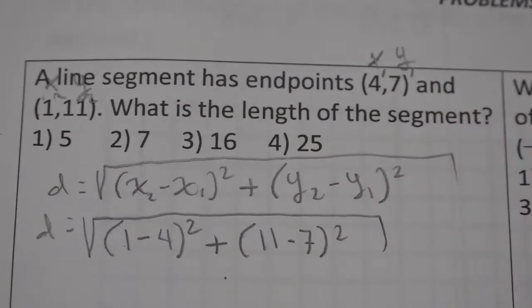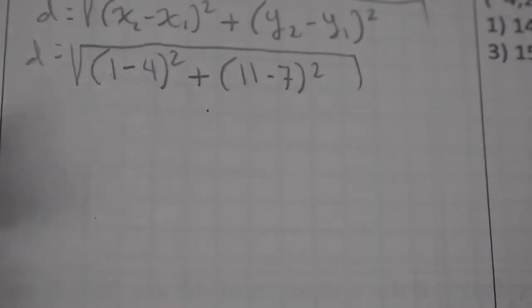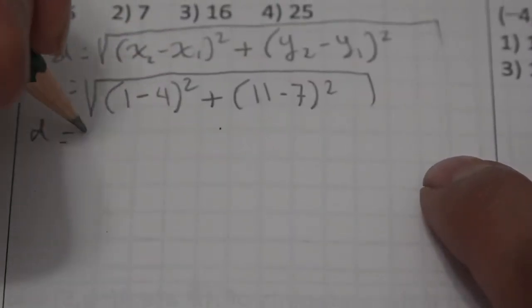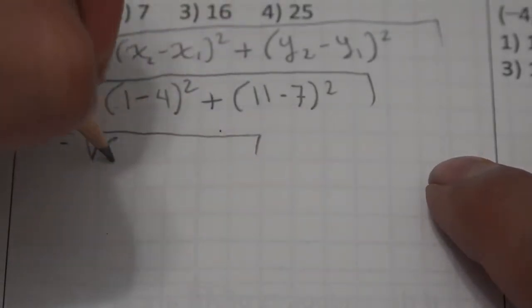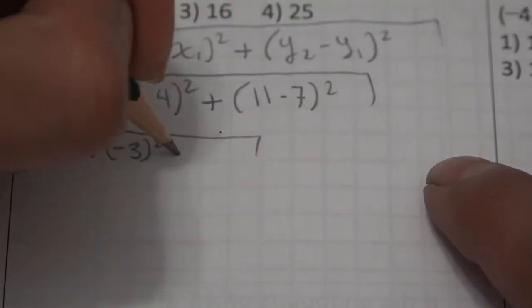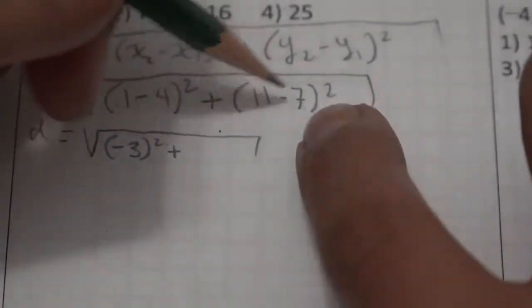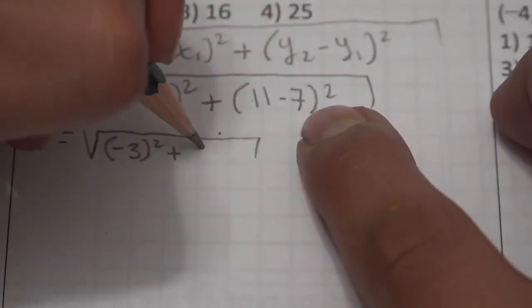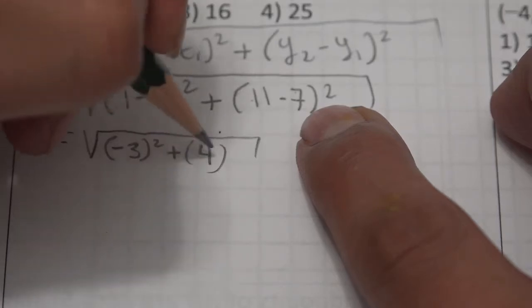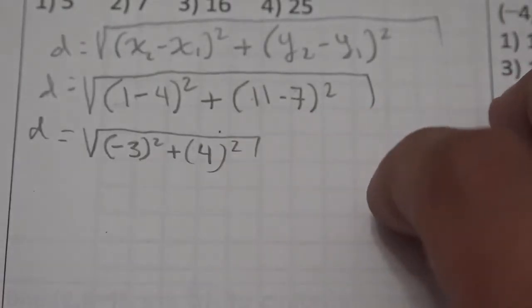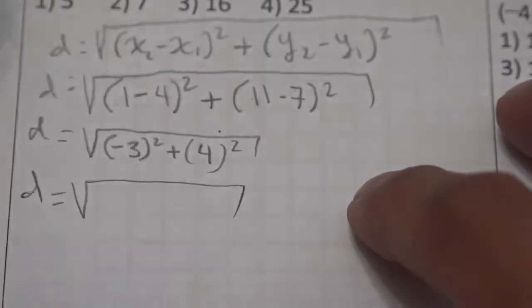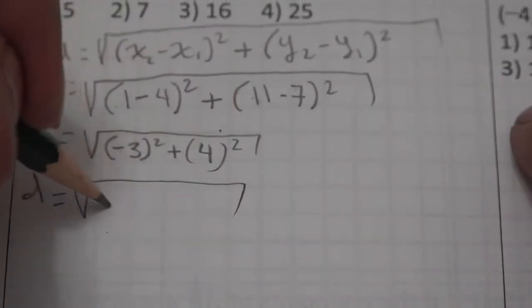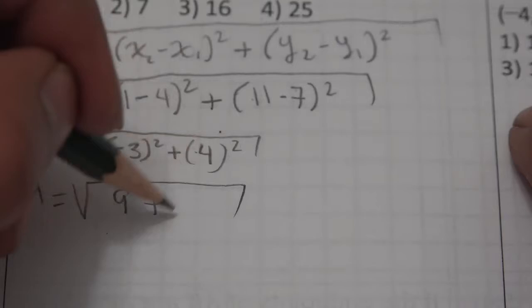Okay, so now let's see what we get when we do the third grade math. 1 minus 4 is -3 squared. 11 minus 7 is 4 squared. So -3 squared is 9. 4 squared is 16.